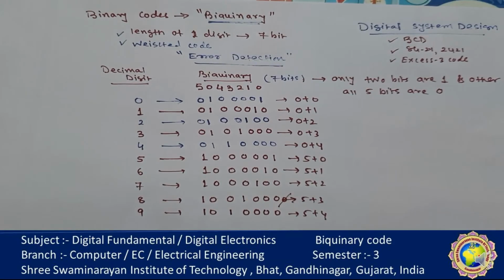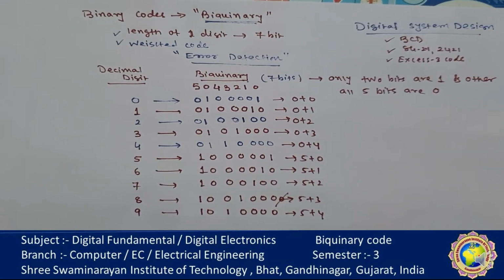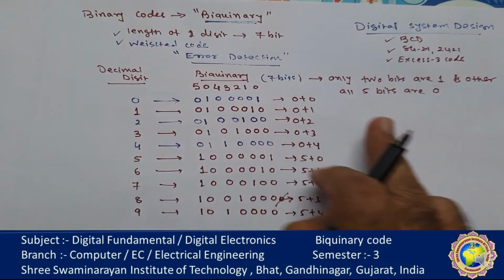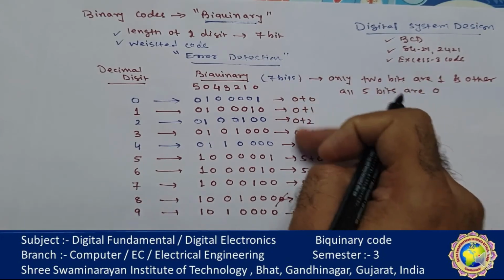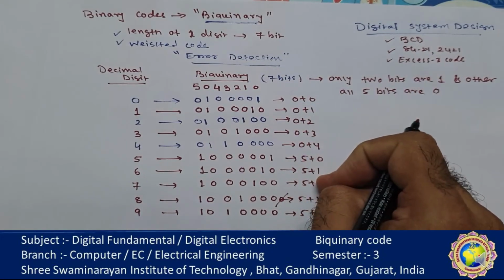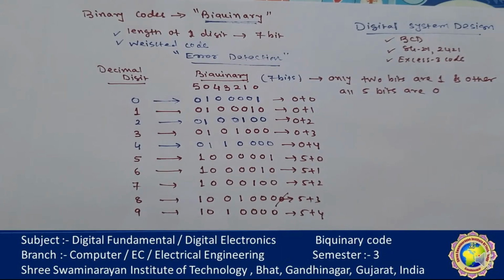So this is the main concept of this binary code: each decimal digit consists of 5 zeros and 2 ones placed according to the weightage of the column. Remember that.